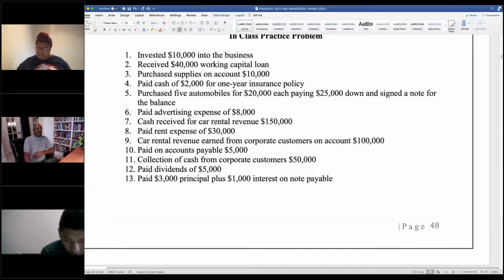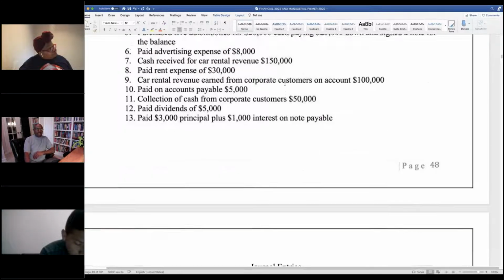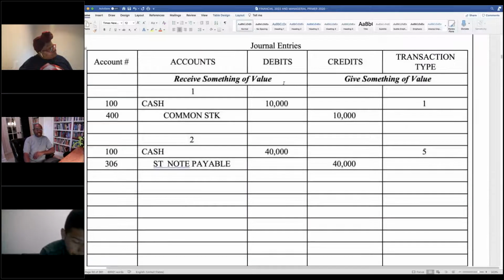Number 3, you purchase supplies on account, $10,000. What's happening here? 12. What does 12 say? Asset purchase.